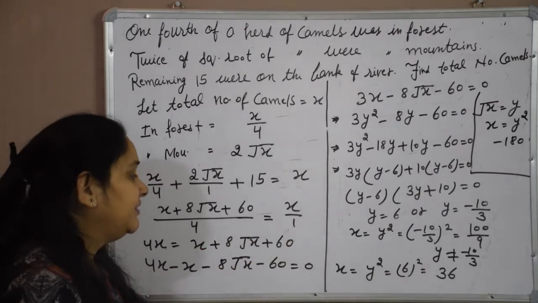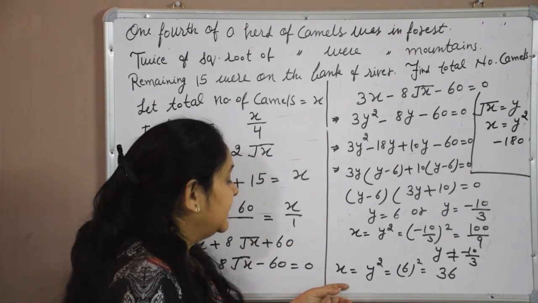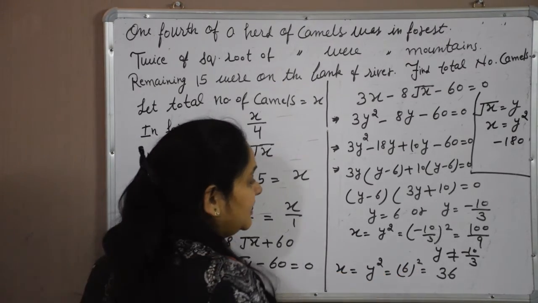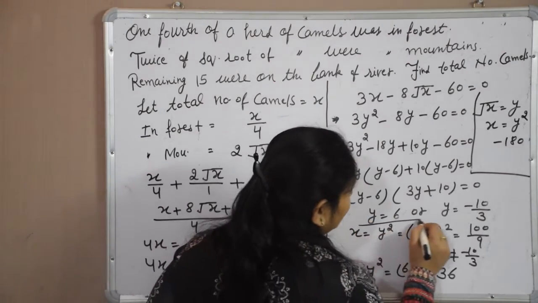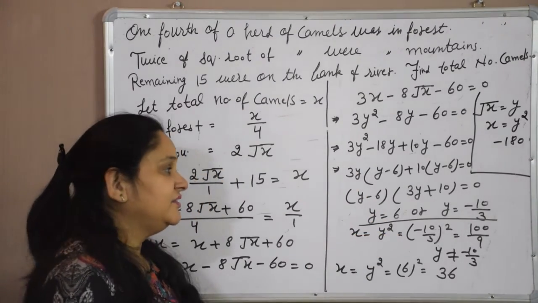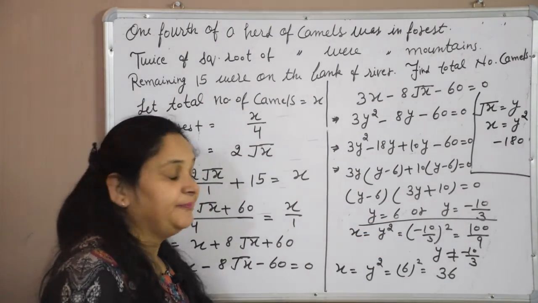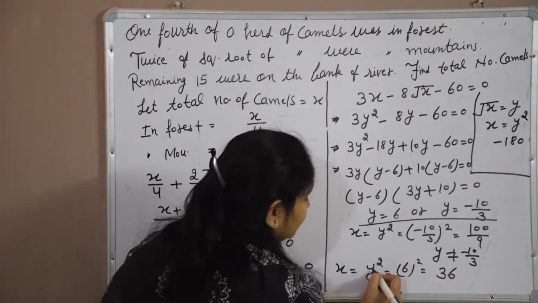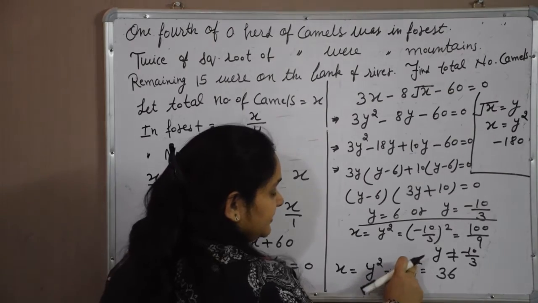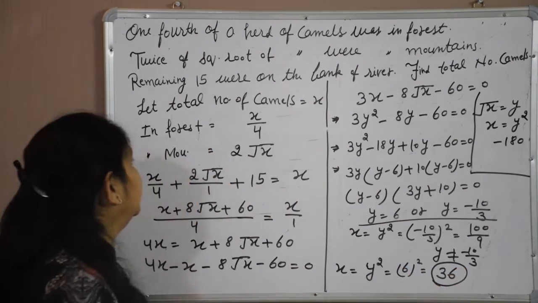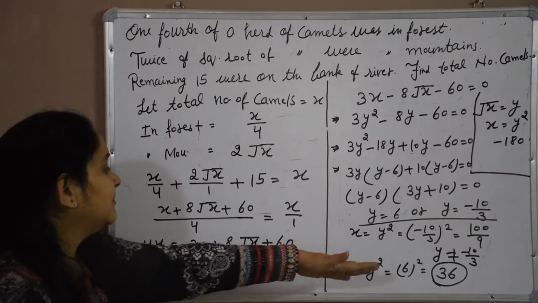So ultimately we have to go up to x, where x is equal to y square. If you leave the question here, saying we got a quadratic equation and found two values of y, that is not okay. We have to find the value of x, so we take the square again. 6 square is equal to 36. Therefore our answer is 36. The total number of camels was 36.